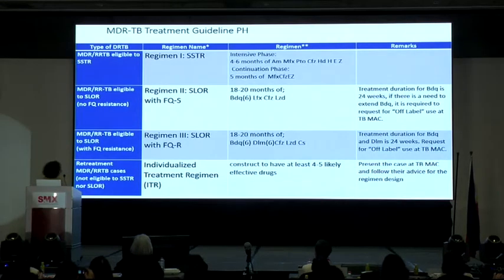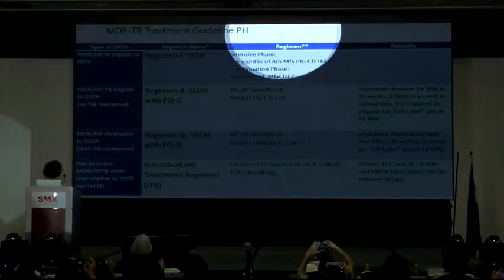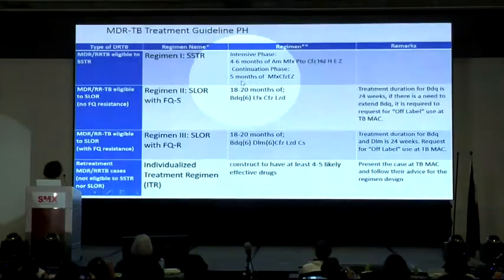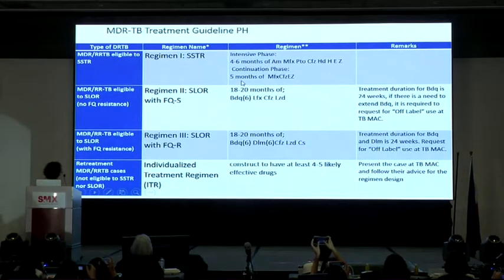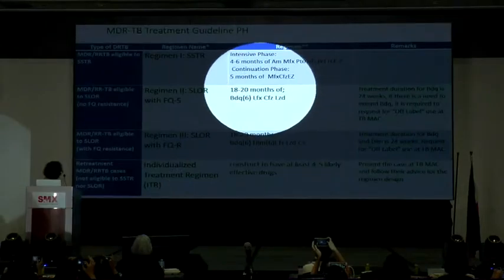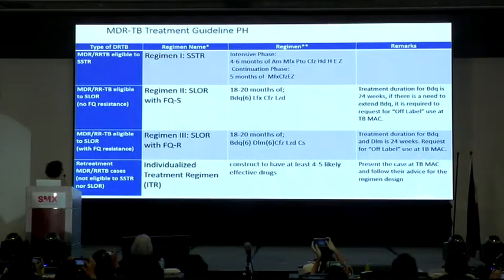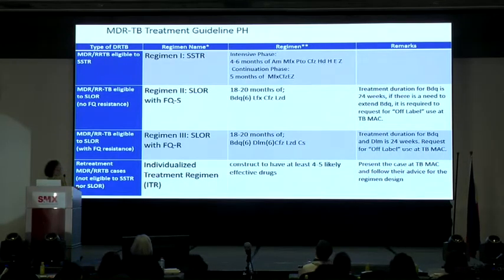So for the Philippines, this is our recommendation now based on that recommendation. We still recommend the 9-month regimen for those who are eligible, and an all-oral regimen for those with fluoroquinolone resistance. The 2019 recommendation of the WHO is more towards an all-oral regimen.